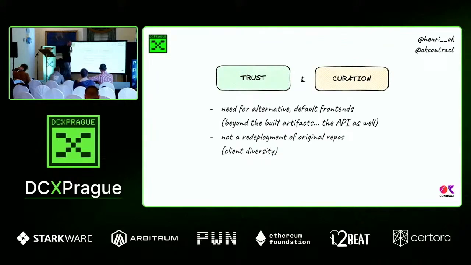And the main question then is, how can we trust these alternative front ends? And how can we trust, even beyond the build artifacts, the API? Knowing that for a reason of client diversity, which will definitely help us resist censorship, we probably need not a redeployment of the original front-end repos.